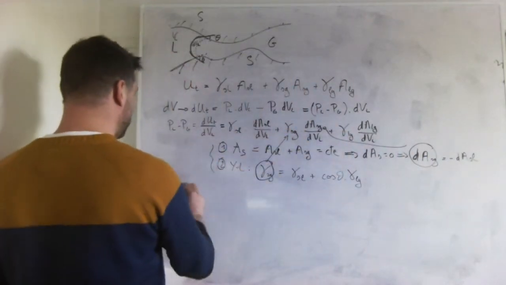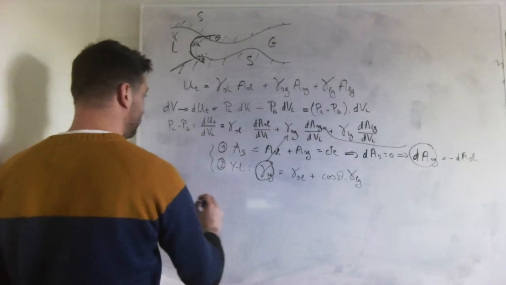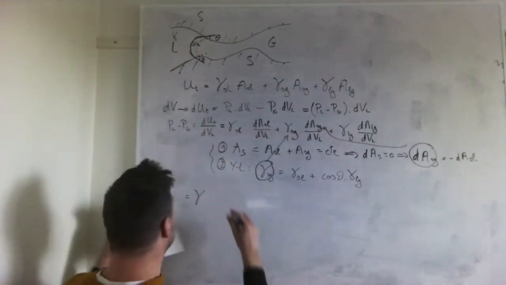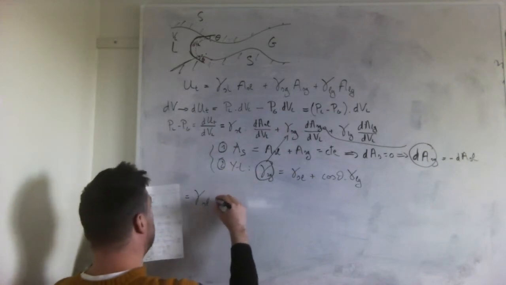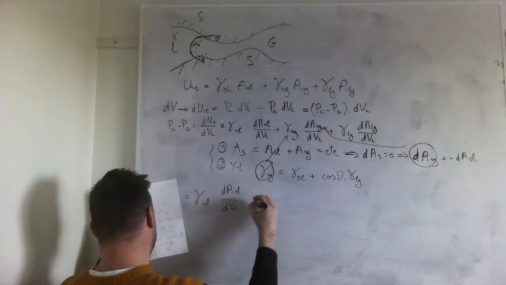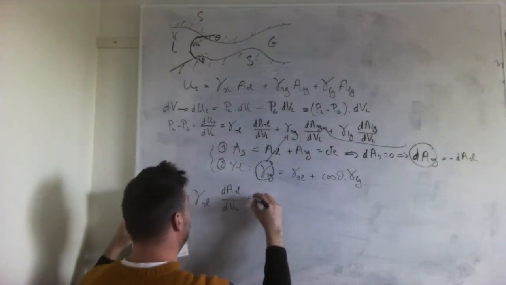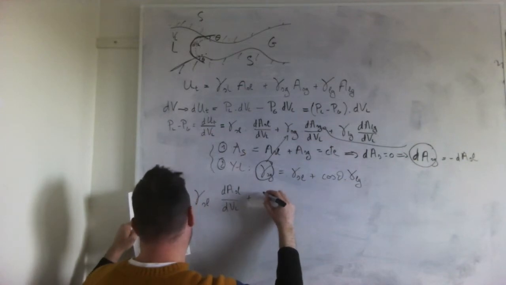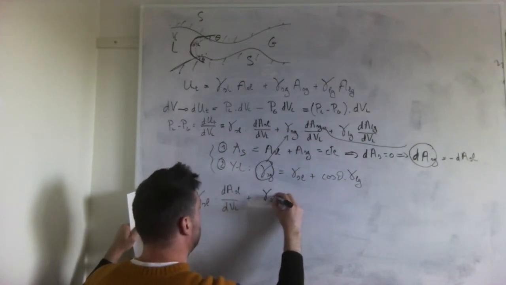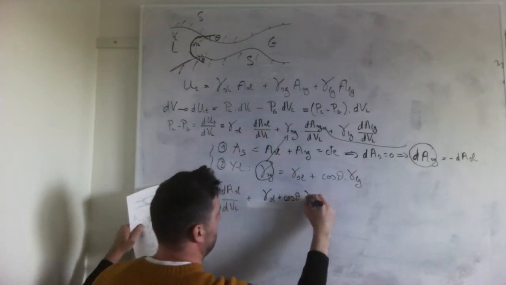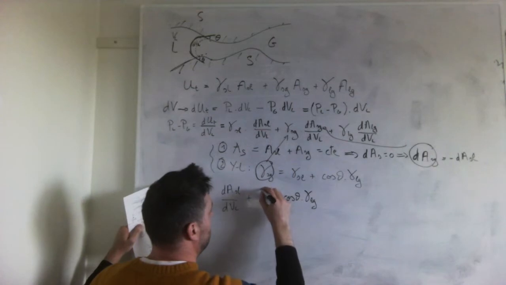And then I'll be able to write that this formula equals gamma solid liquid, so this doesn't change, plus, and now I have this term: gamma solid liquid plus cosinus theta gamma liquid gas.